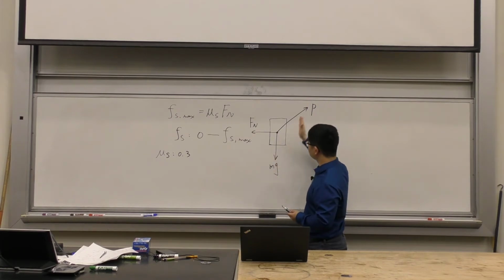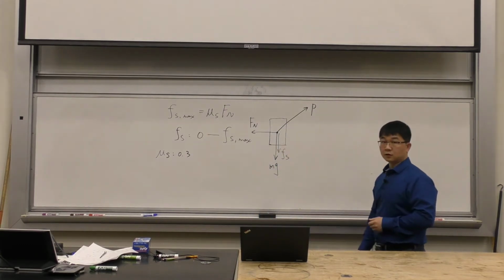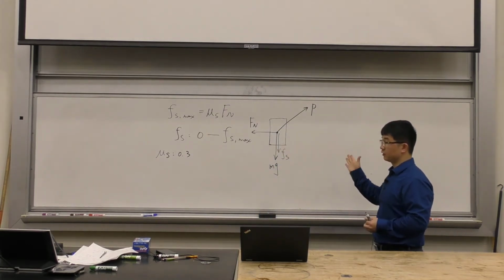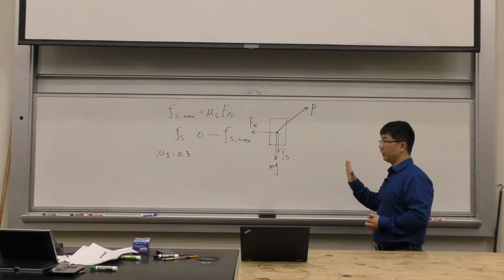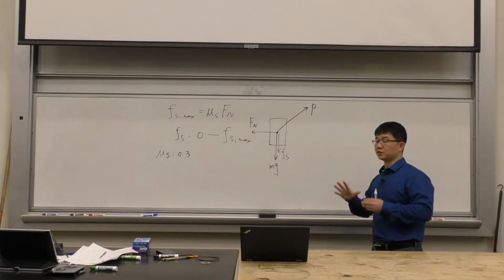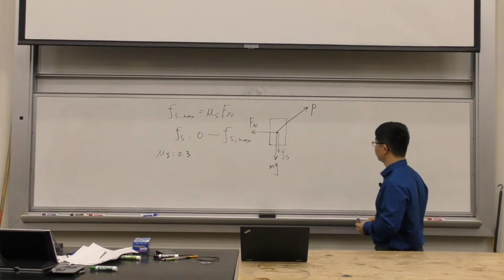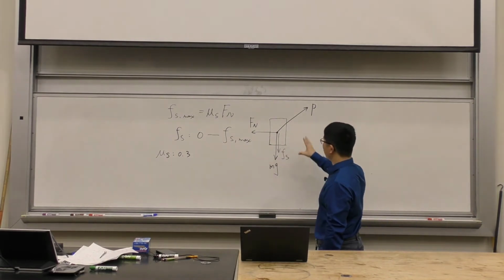When you apply a very large force P, there must be a static friction force down. Imagine that if you apply a very large force up, it's going to tend to move upward, right? So the static friction force is always opposite to the attempting motion. Okay, so these are all the forces I draw.